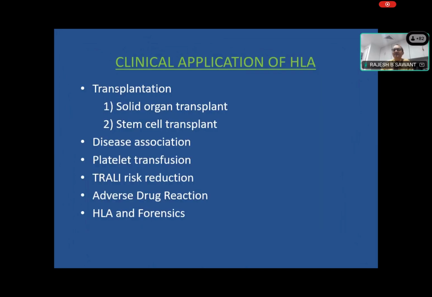So please remember, in complicated cases where your donor specific antibody test is negative, you can test for non-HLA antibodies. There is a good chance that they may be present, right?